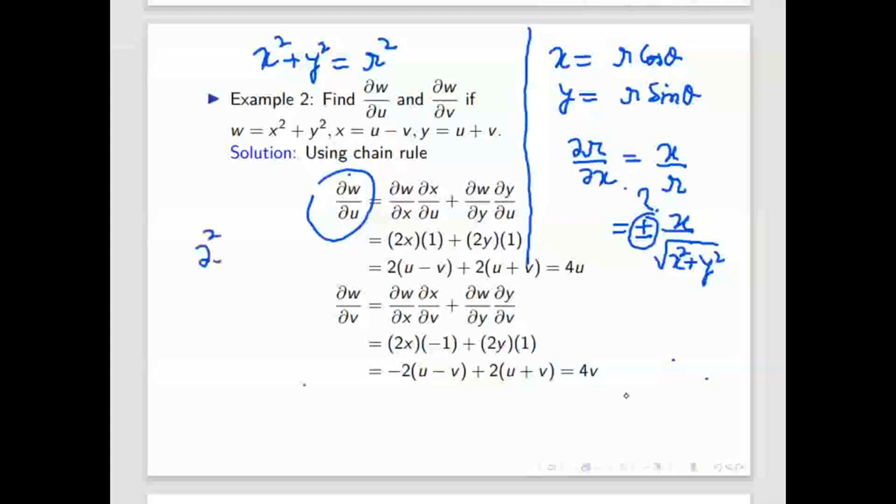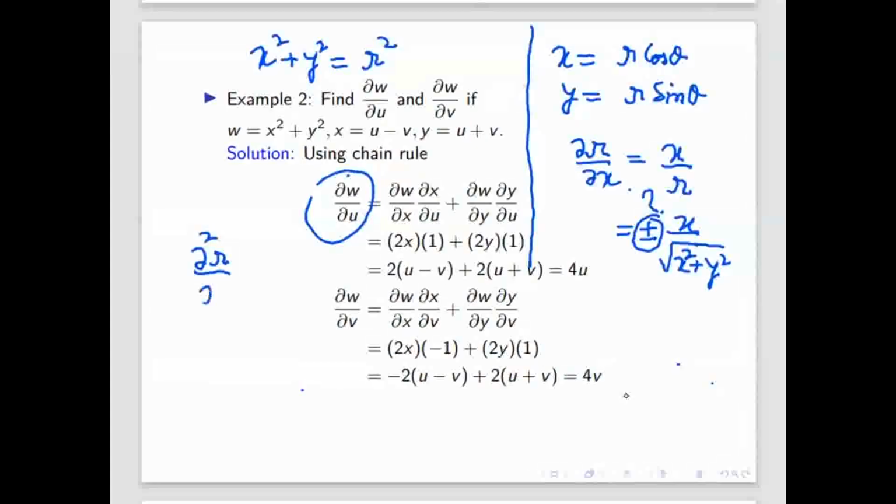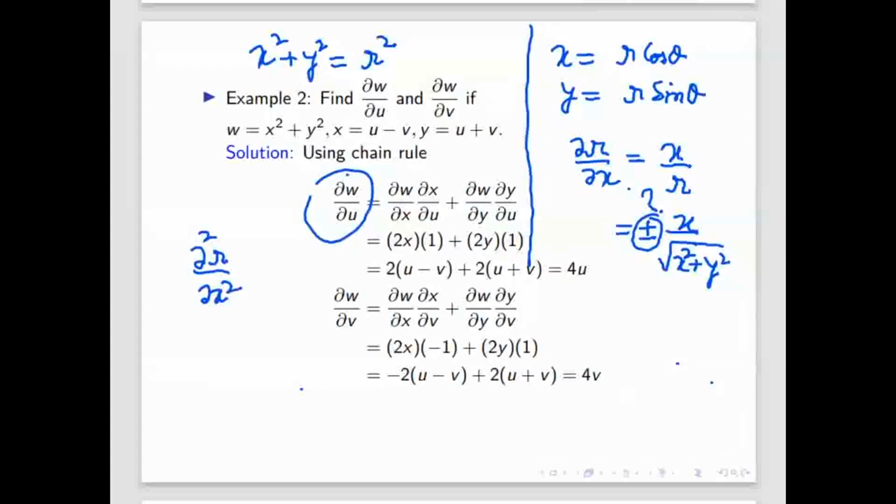The another question is, find this one. Now what will be your answer? Like differentiating r with respect to x 2 times.